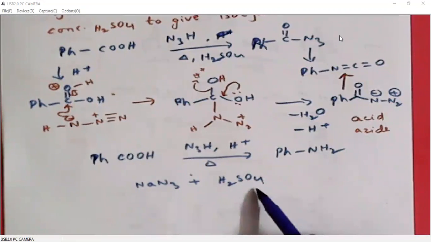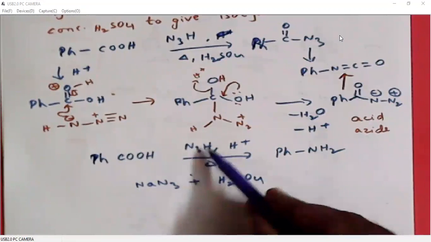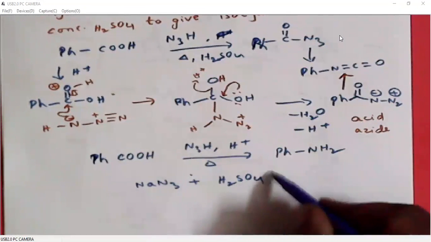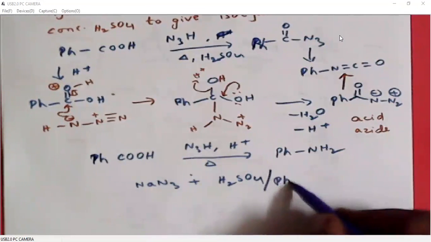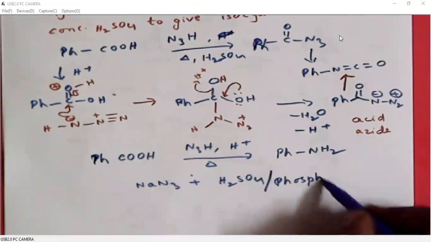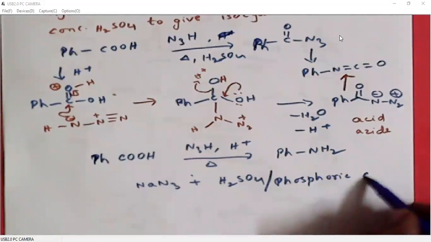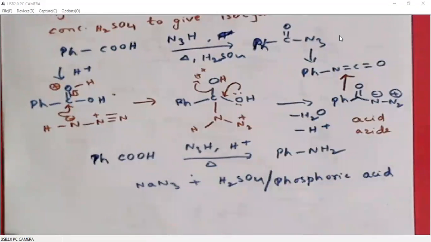Sodium azide and sulfuric acid can generate hydrazoic acid, or we can use phosphoric acid. Sodium azide and phosphoric acid can generate hydrazoic acid. So this is Schmidt reaction.